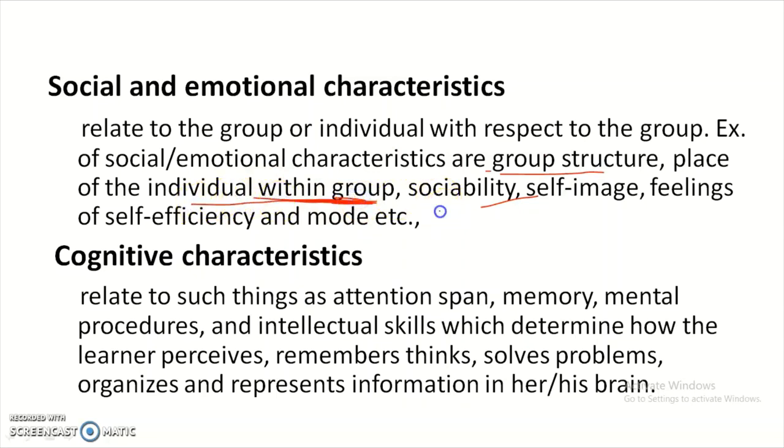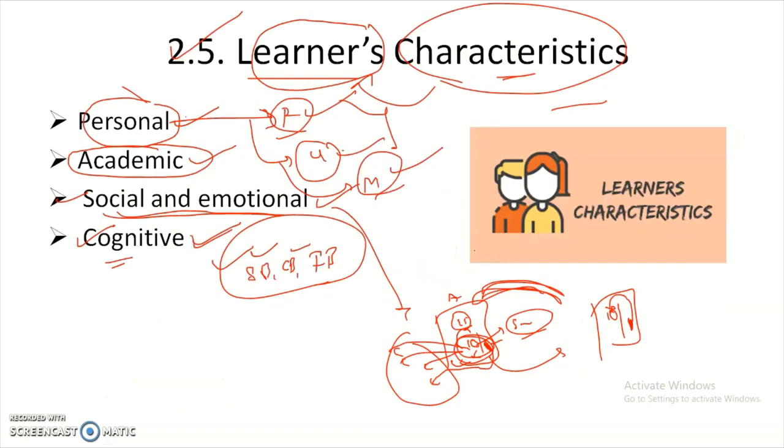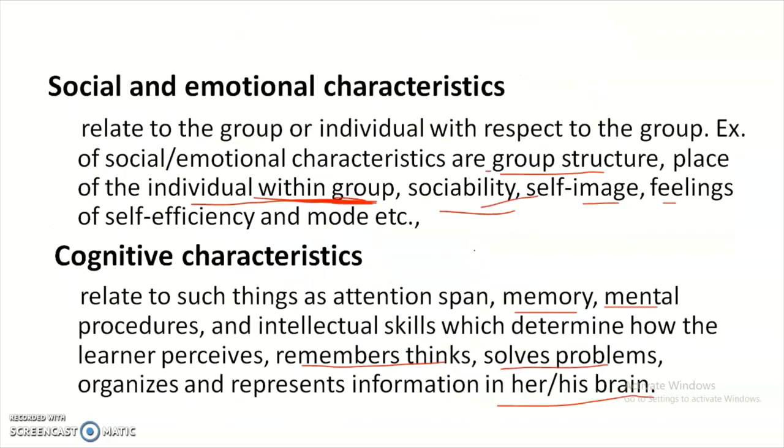That is very important. Sociability, self-image, feelings of efficiency and mood, etc. And cognitive characteristics means memorizing the concepts, mental procedures, solving problems, thinking levels and remembering level. All these things pertain to his or her brain. So these come under the cognitive characteristics, right? So these are the four main learner characteristics.